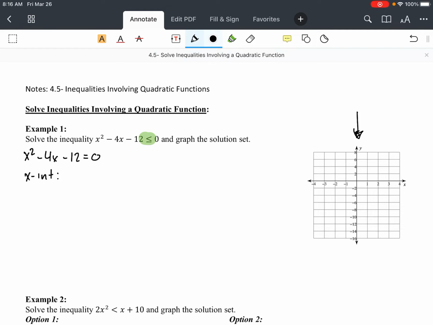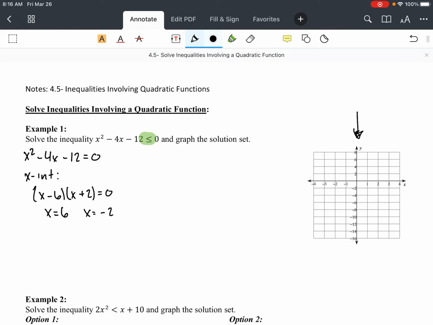I'm going to go ahead and factor it because it is pretty simple to factor. So this would be x minus 6 times x plus 2 is equal to 0. Setting each of these factors equal to 0, we get x is equal to 6 and x is equal to negative 2.